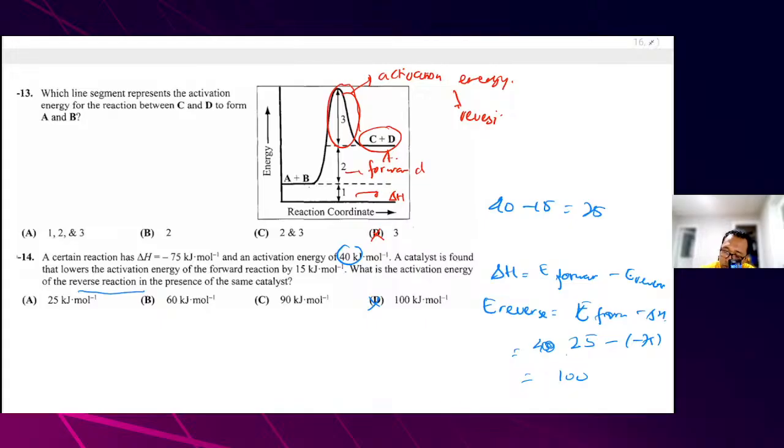Just remember, delta H is E forward minus E reverse, and E reverse is E forward minus delta H. E forward is the activation energy, so if the catalyst lowers it by 15, it is 25, and then minus minus 75, it will be 100.